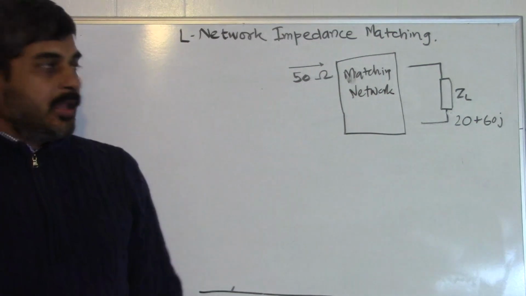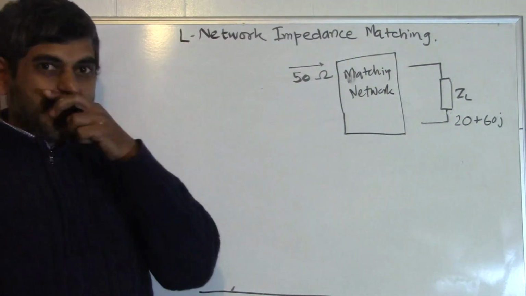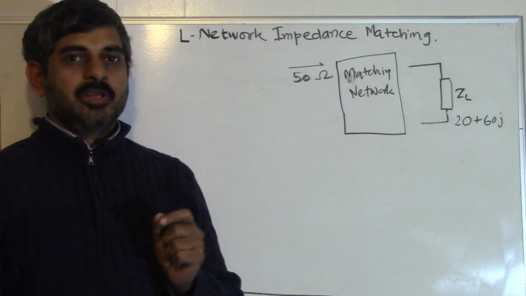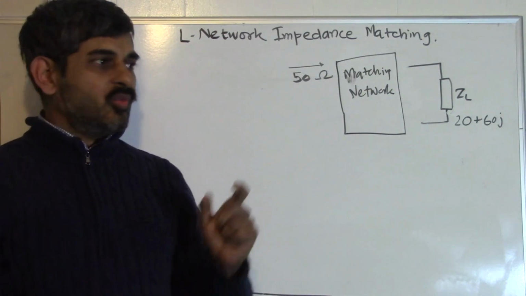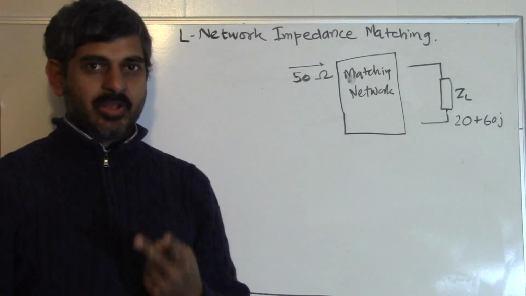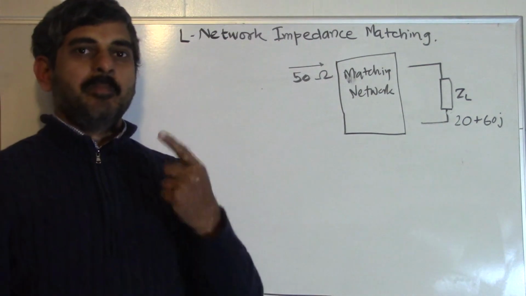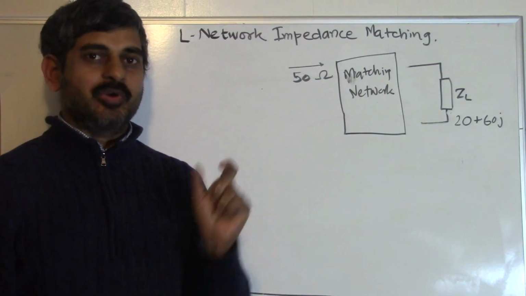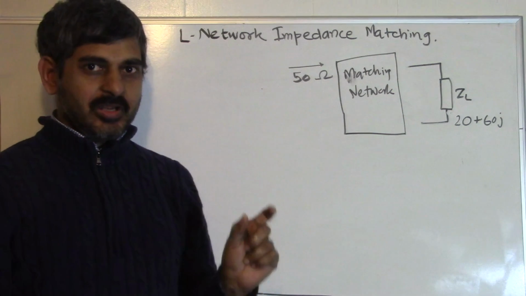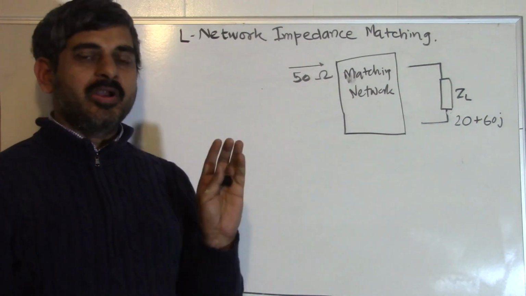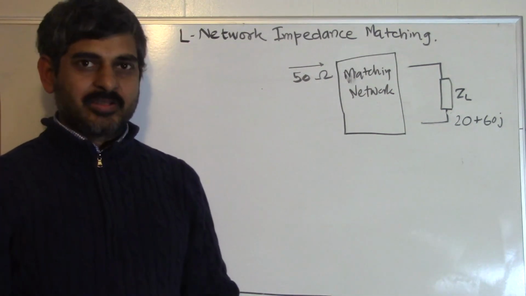The L network matching has a special simplified matching which uses just two elements, and both of these elements must be reactive elements, because if we introduce a resistor, then there will be power wastage on that resistance.